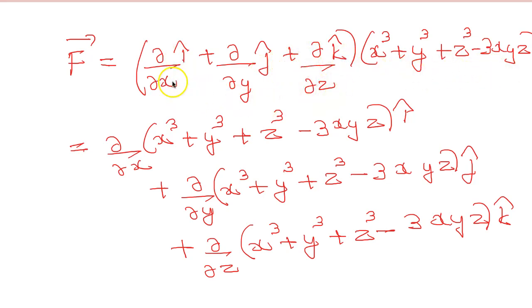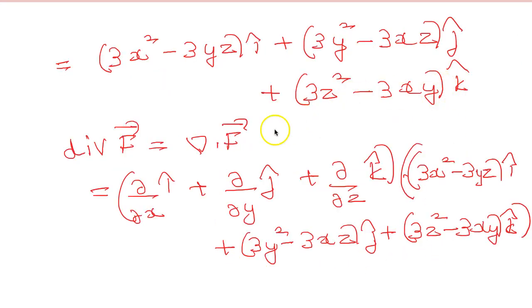So that will be partial derivative with respect to x of this, that is 3x squared minus 3yz i, plus partial derivative with respect to y of this j plus partial derivative with respect to z of this k. That is 3x squared minus 3yz i plus 3y squared minus 3xz j plus 3z squared minus 3xy k.